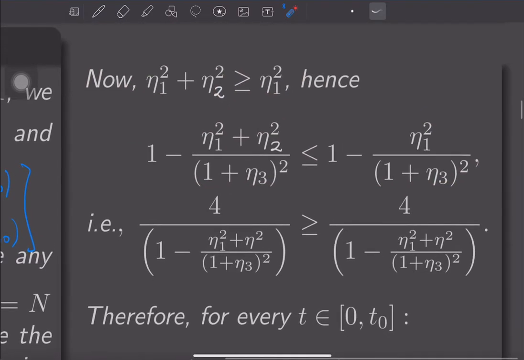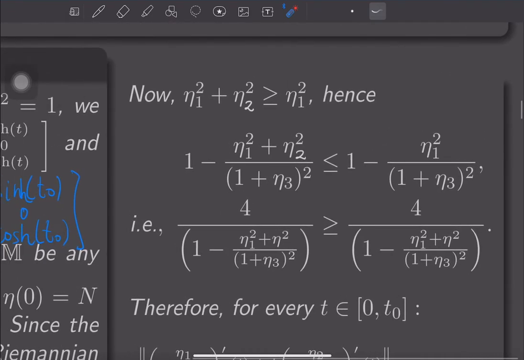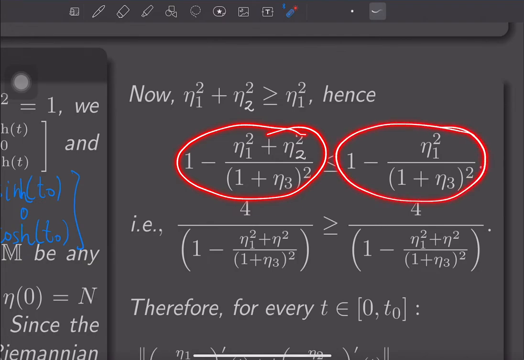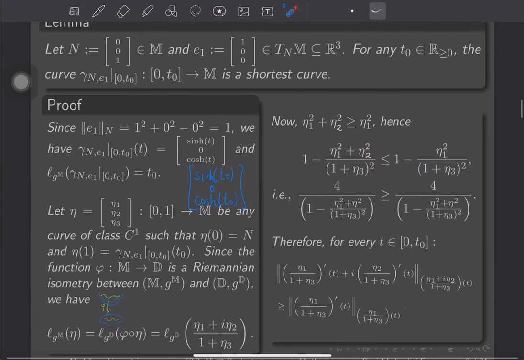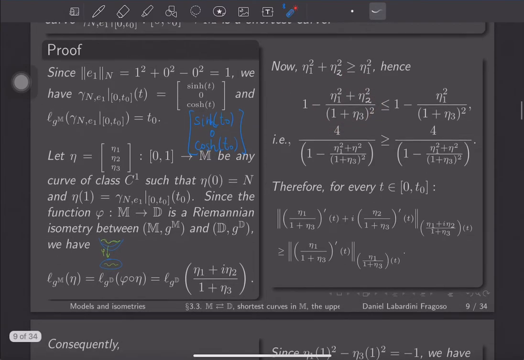Once more, you see these are positive numbers. Why is this positive? It's because this lies on the disk. If you take the norm of this square, it's precisely this, so this is always positive.